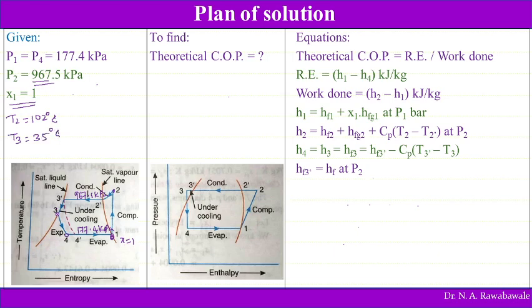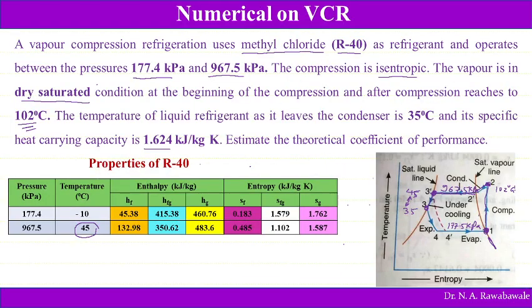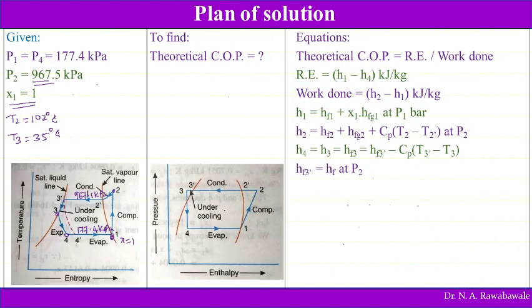So the refrigerant when it leaves the condenser is at 35 degrees Celsius. As soon as it becomes saturated liquid, it is not leaving the condenser; it is still cooled below the saturation temperature up to point 3, meaning the temperature at point 3 is 35 degrees Celsius.